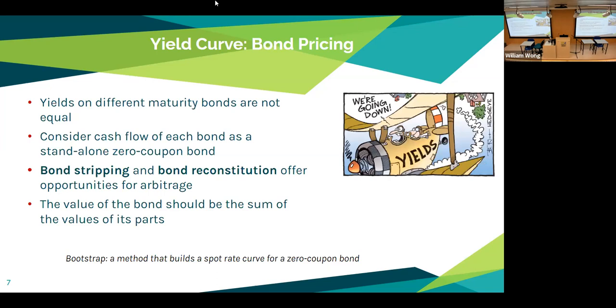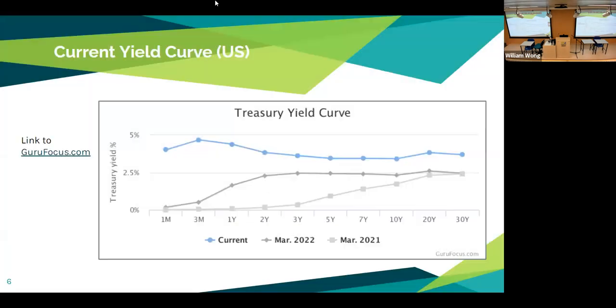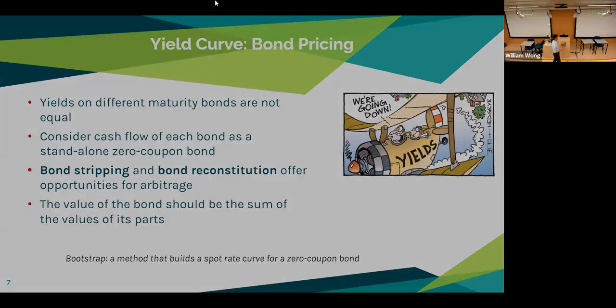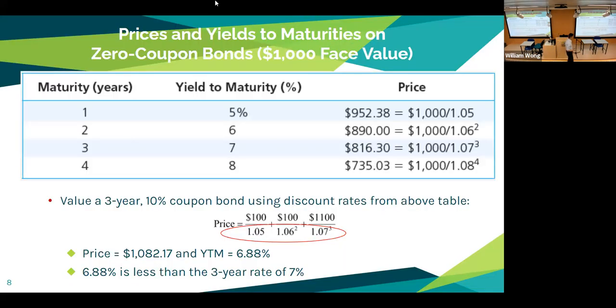So I put that in words. There's actually another term called bond stripping. When you do bond stripping and bond reconstitution, you chop it off and then combine it. Slice it and put it back together. And mathematically, what can you do?